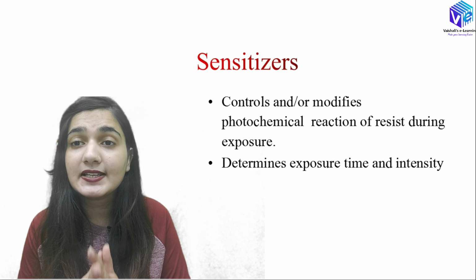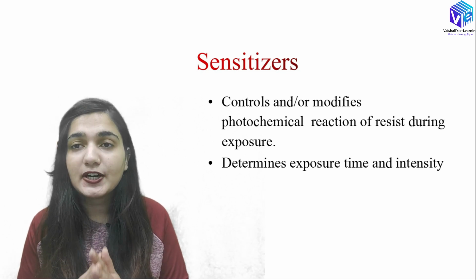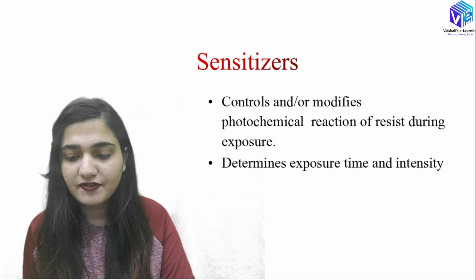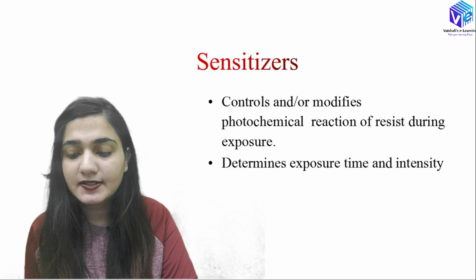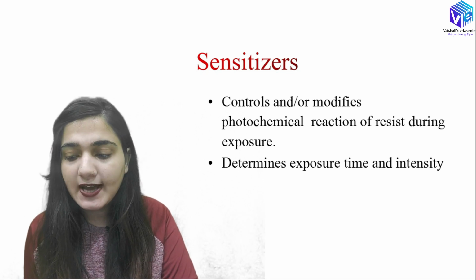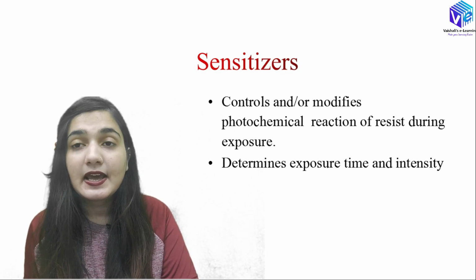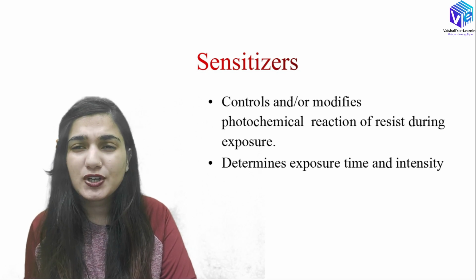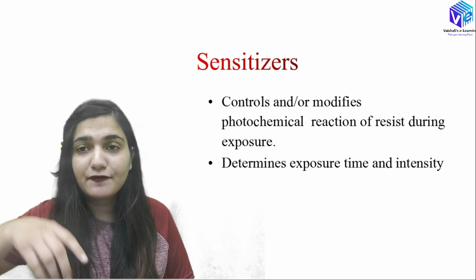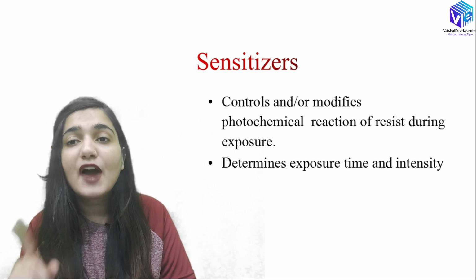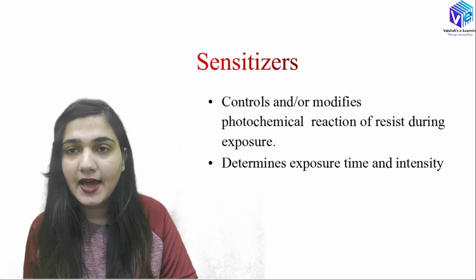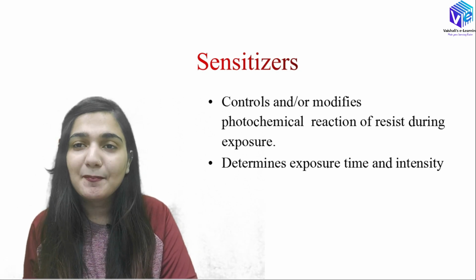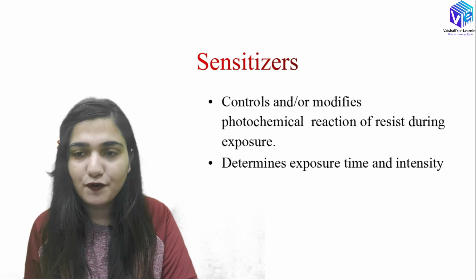So sensitizers are really important component of the photolithography process. It actually determines actual exposure time as well as the intensity. If I want to reduce the exposure time and the light intensity that I am falling on the wafer, I have to increase the sensitivity, and then I have to add a better sensitizer into the photoresist.